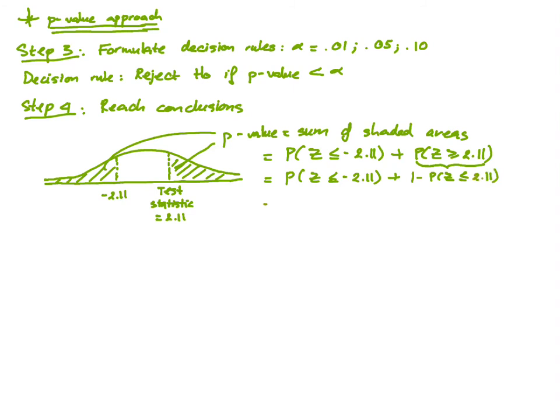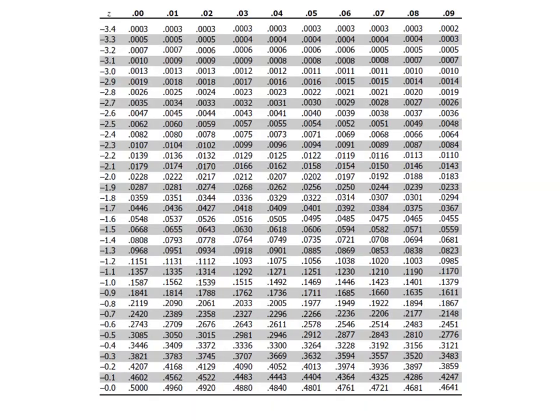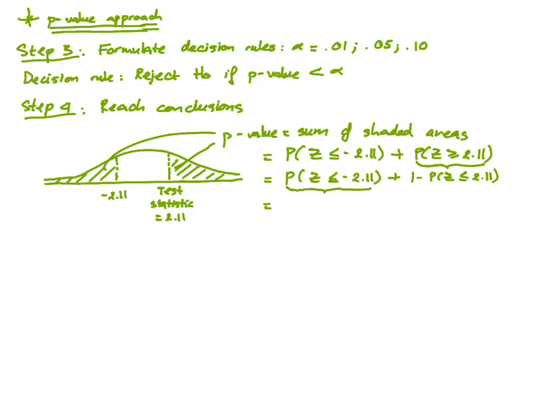Okay. So now we can go to the table. For the first term, you want to go to the table, look at row negative 2.1, and then look under column 0.01. Right. That gives us a probability of 0.0174. Okay.